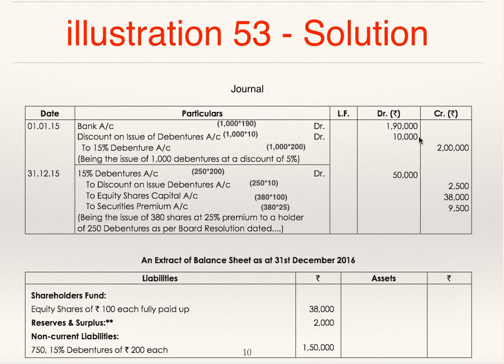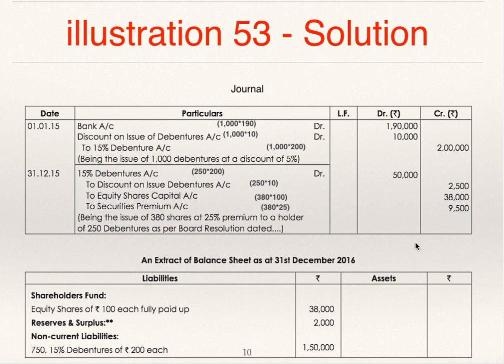Discount on issue of debentures account debit 10,000, discount on issue of debentures account credit 2,500. Net effect is 10,000 minus 2,500, 7,500 debit. And if you see securities premium account 9,500 credit, so net debit is 7,500, securities premium account credit is 9,500.